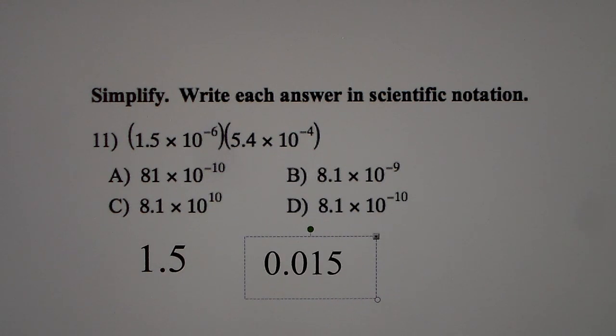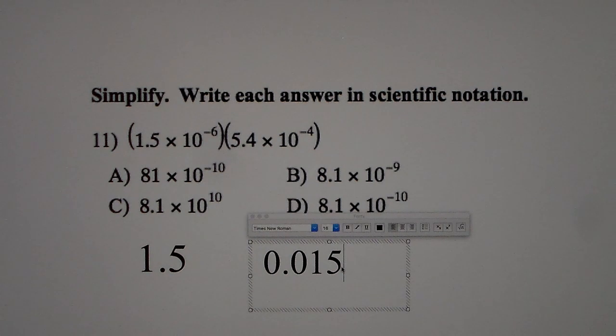The reason why? All I did was move the decimal place from where my mouse is over 1, 2. And because I did that, it'd be times 10 to the negative 4.